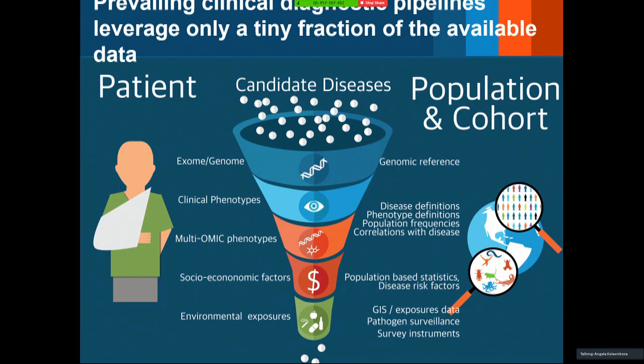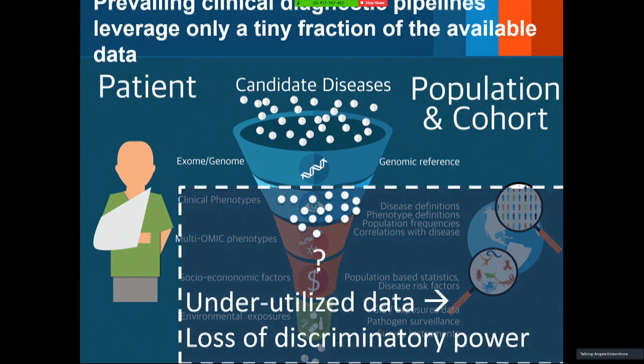And then similarly on the public data side, what's the way in which we define disease itself, the phenotype definitions, population frequencies, correlations with disease for these features, and then population-based risk statistics, all the GIS and exposure data that we might want, and the list goes on. And so essentially, we have this large suite of underutilized data.